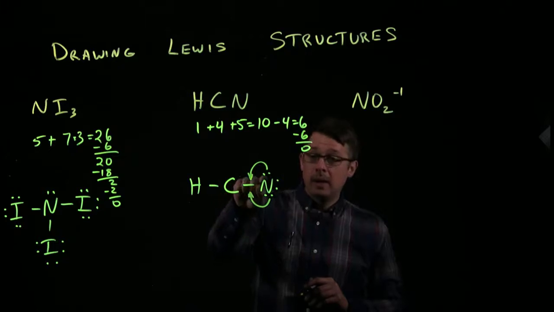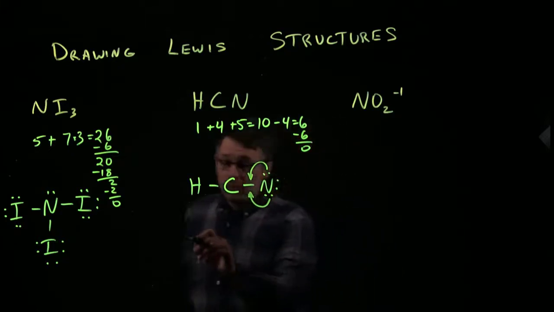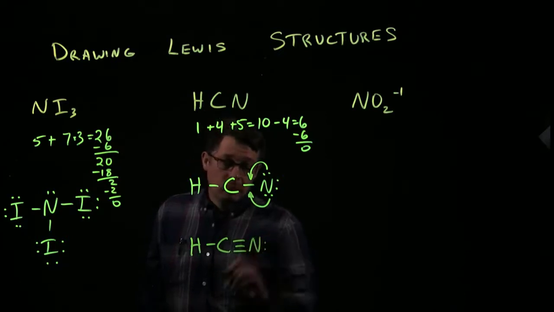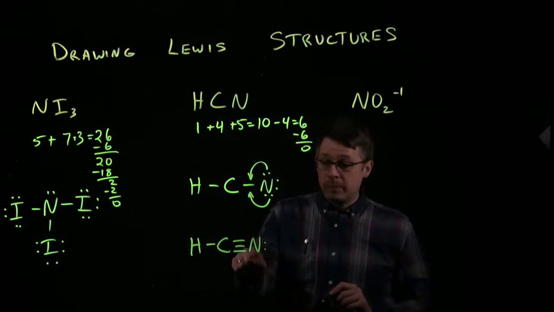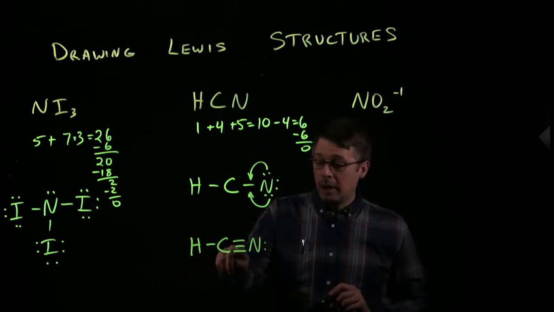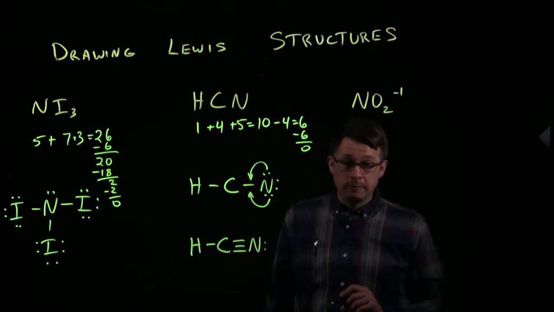It needs 5, 6, 7, 8. So my final structure will have a triple bond between the carbon and the nitrogen. You'll notice hydrogen has its single bond, that's all it ever needs. Carbon has access to 1, 2, 3, 4, 5, 6, 7, 8, and that nitrogen has 8 electrons as well.